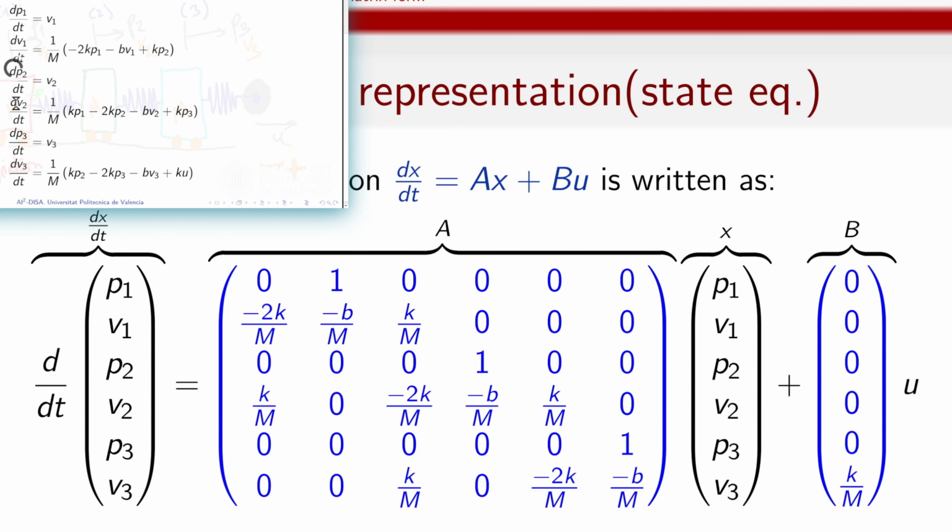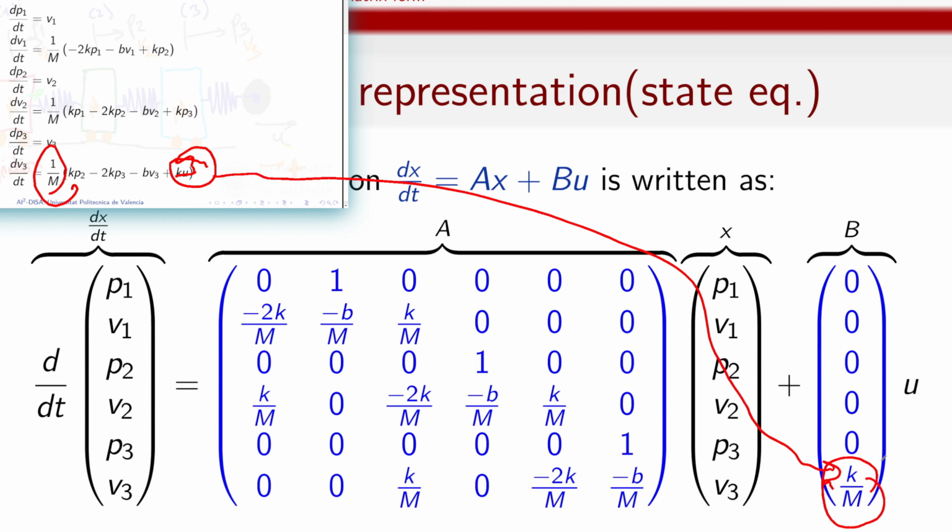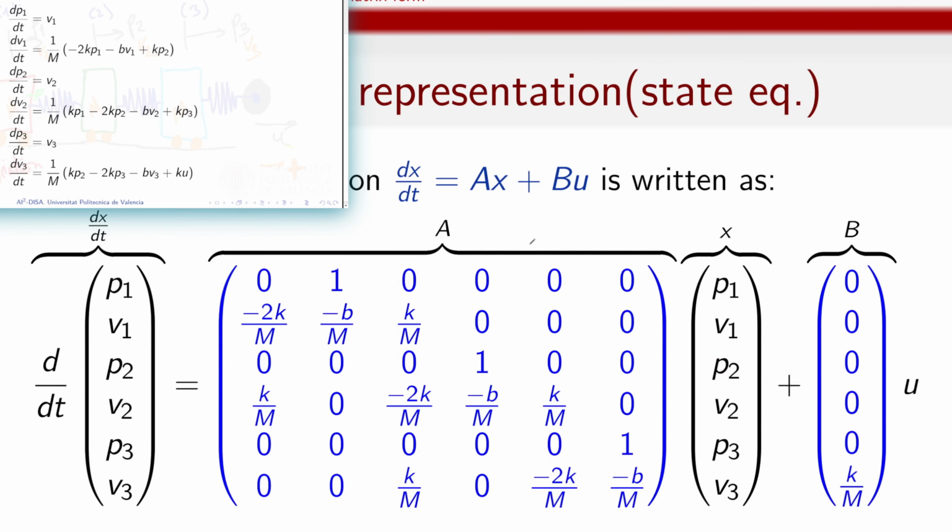As input u only appears in this equation, multiplied by k divided by m, we have that u appears in all equations multiplied by 0. It does not appear at all, except in the last one, in which it is multiplied by k over m. So we write it here.